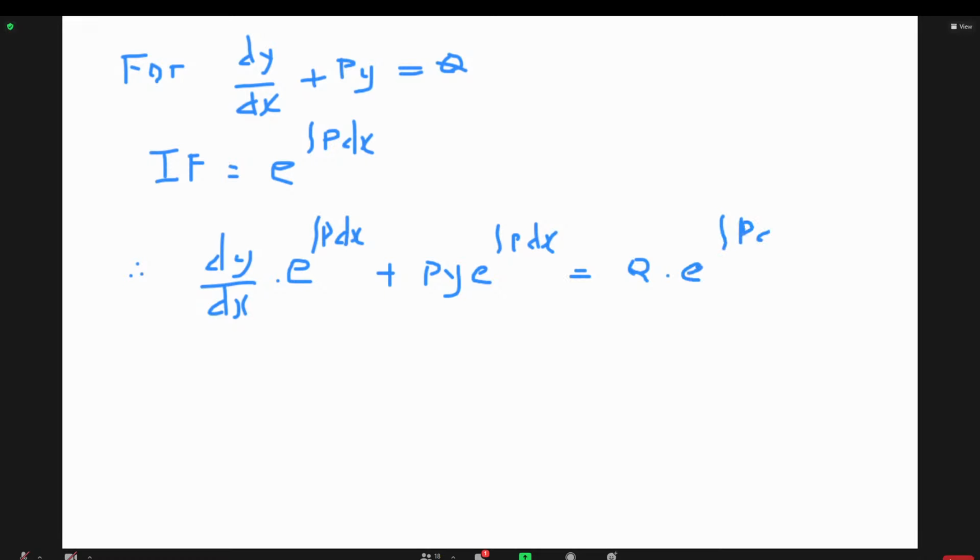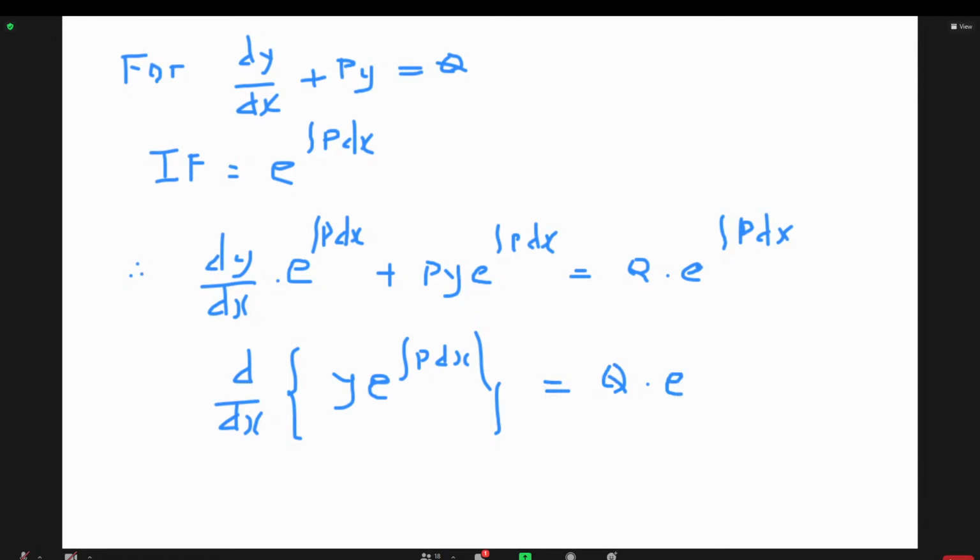All right, and we know that this side is the result of the differential of y times e to the integral of P dx.